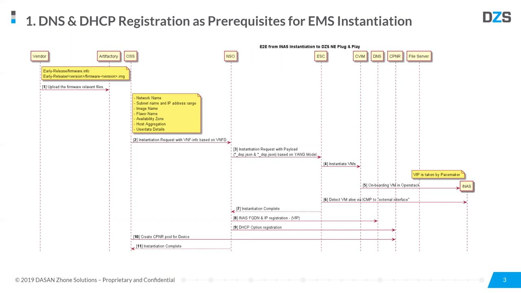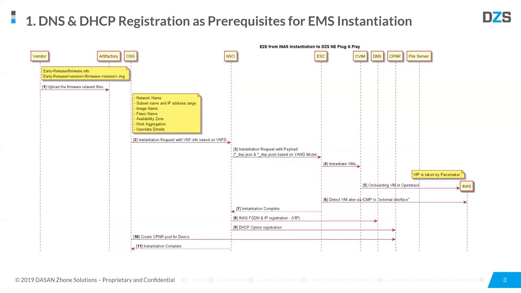And then NSO will register our FQDN and IP into the DNS inside of the CPNR, because this information is used for the DHCP option for the flow switch.